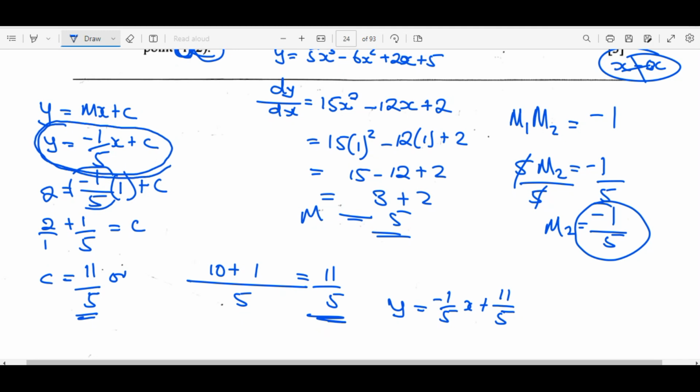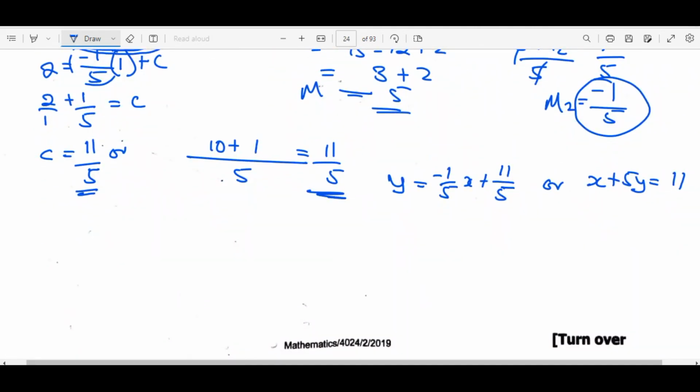This is what we've substituted here. Or we would say x plus 5y is equal to 11. So now when you look at here, what are we going to do? Nothing, because it means that we have found y and x there.